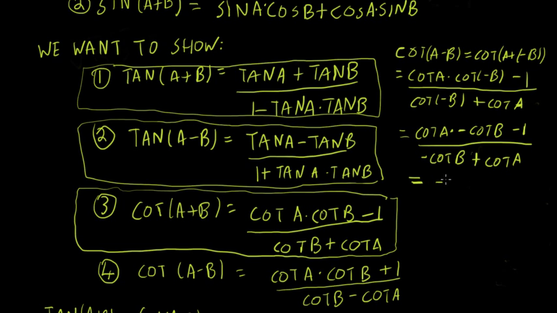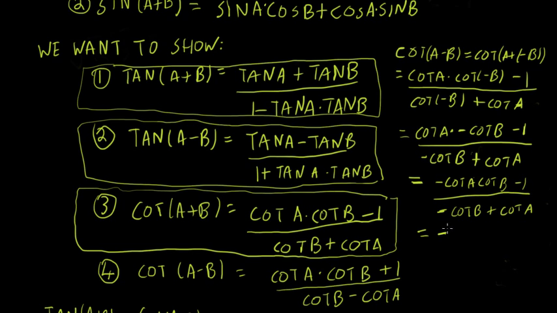So here we have negative cotangent of A times cotangent of B minus 1. And here we have negative cotangent of B plus cotangent of A. So let's say we factored out a negative 1 from both numerator and denominator.